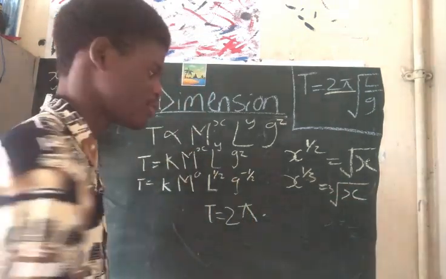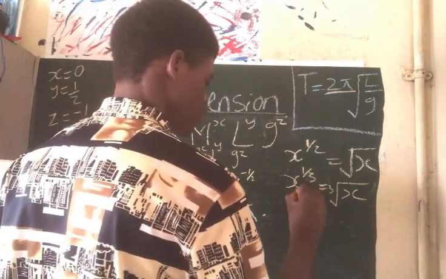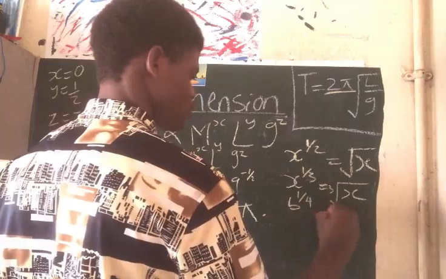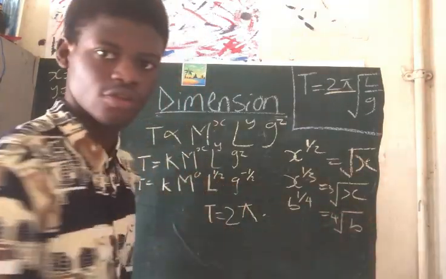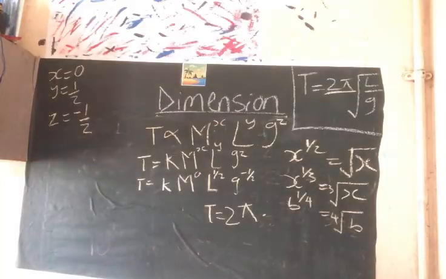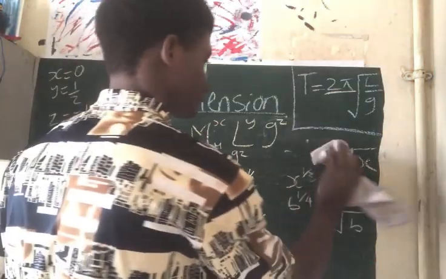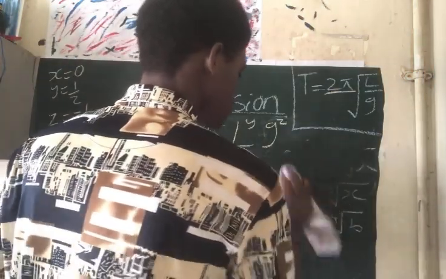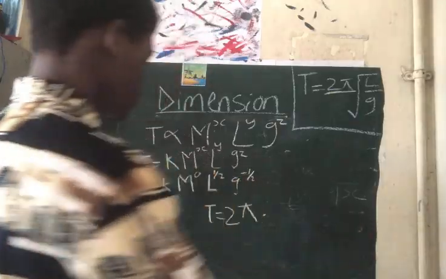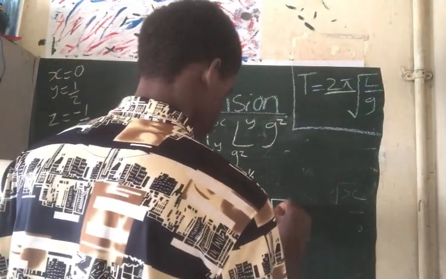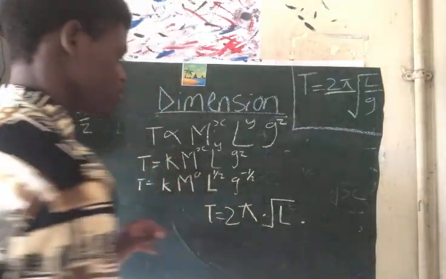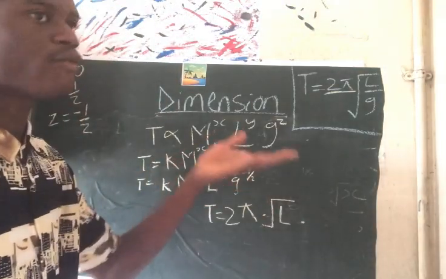B raised to power 1 over 4 is equal to the fourth root of b. You understand? So if you understand that, then you don't have a problem. So here now, L raised to power half is the square root of L, times this one, which is now g raised to power minus half.